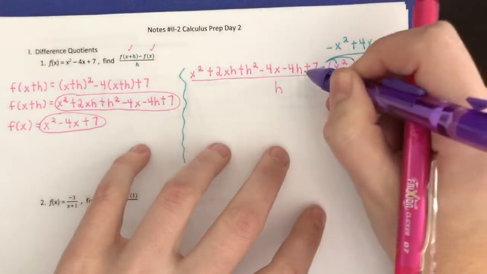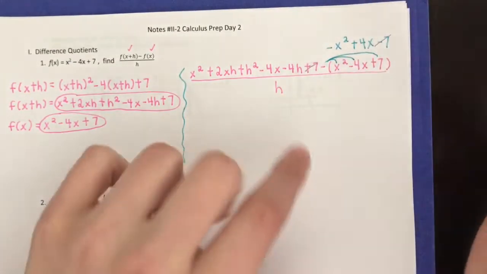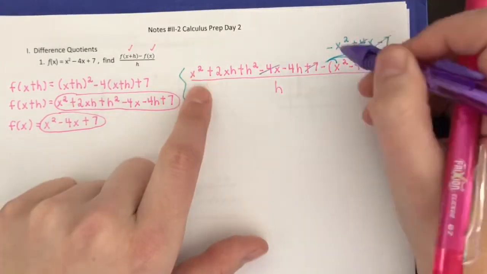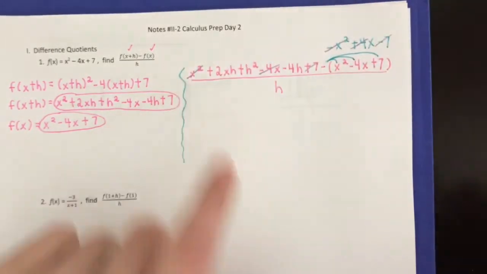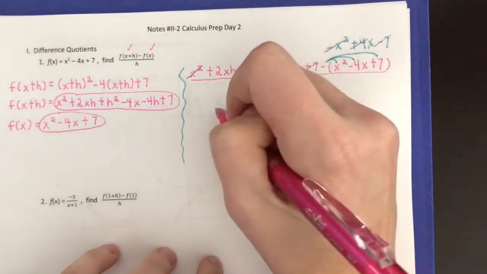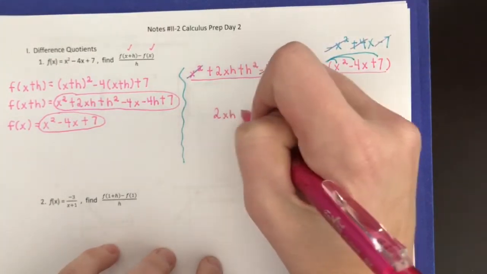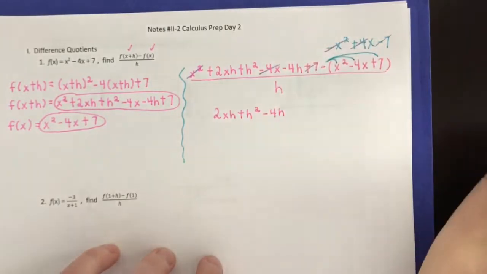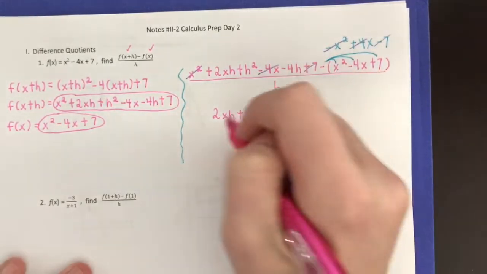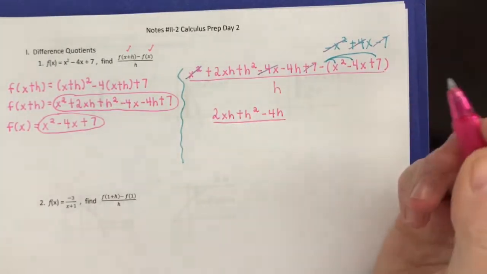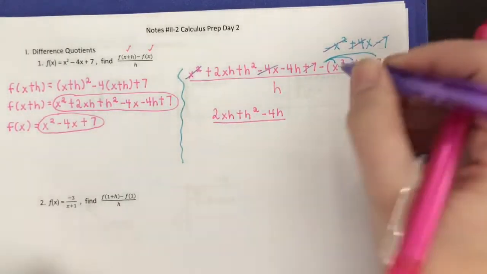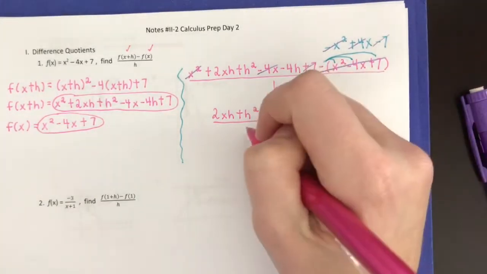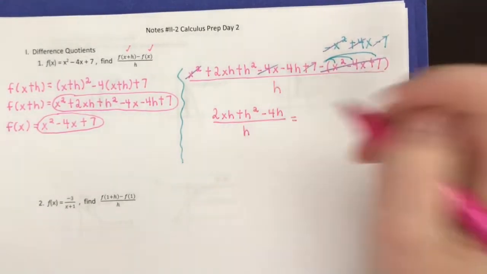So what's nice is we have the plus 7 and the minus 7. We have the negative 4x and the plus 4x, and we also have x squared and negative x squared. So on top we get 2xh plus h squared minus 4h, and that seems to be it. That's all that's left once we cross this through, and then over h.